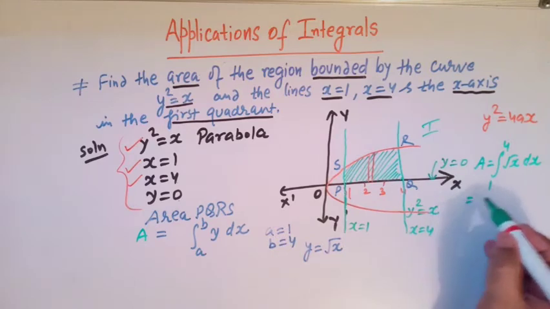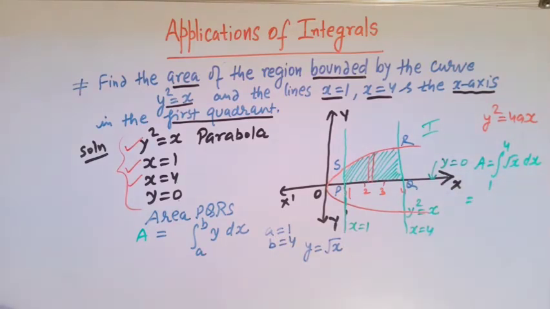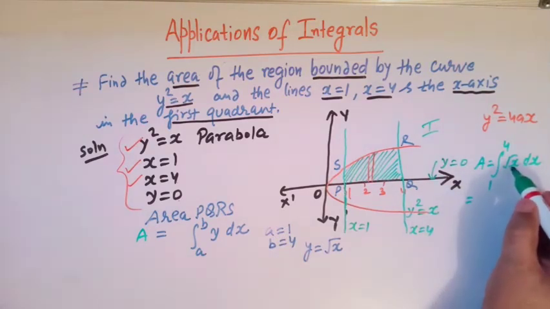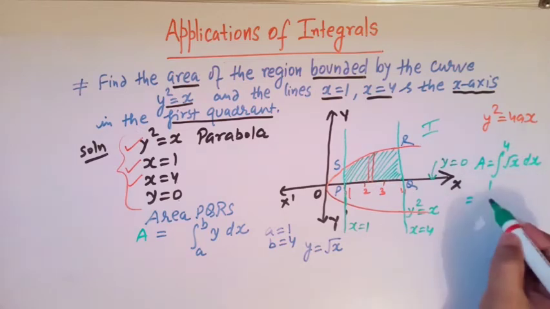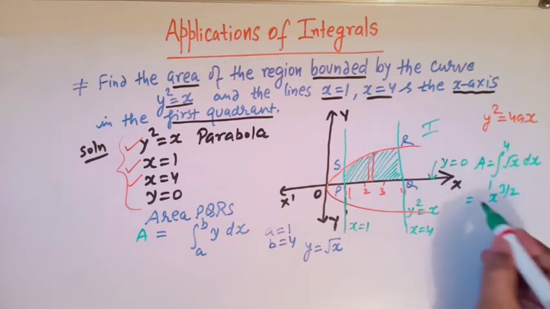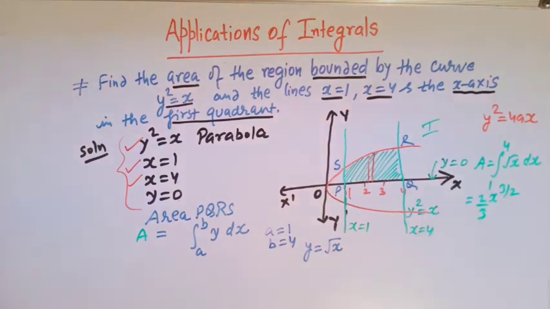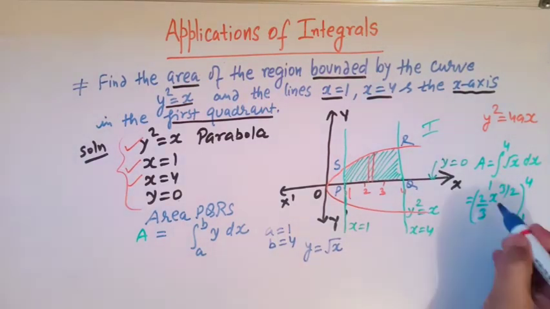Now this becomes a very simple definite integral. The integral of x raised to half is x raised to 3 by 2 divided by 3 by 2, and here we will have 2 by 3. And now we will have the limits here. Clear? So 2 by 3, x raised to 3 by 2.